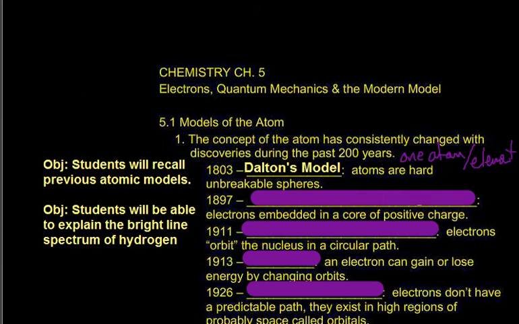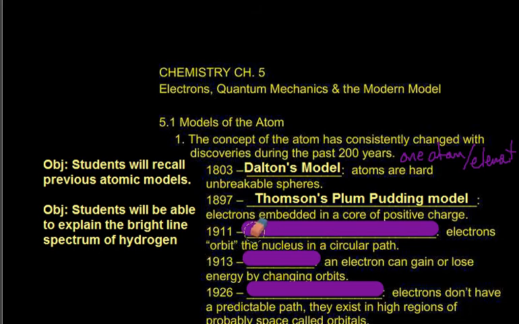Okay, and then later on, when we started discovering that there were other particles and other phenomena that had to come from the atom itself, Thomson discovered the electron and came up with the plum pudding model, which had electrons embedded in a core of positive charge.